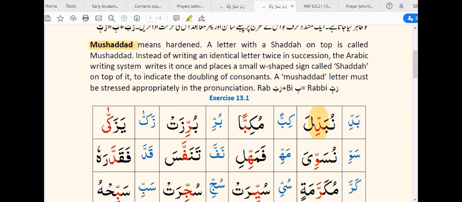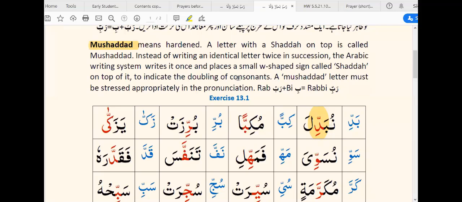Whenever a letter has a Tashdid on top of it, for example, over here we have letter dal with a Tashdid on top of it. This dal is known as a mushaddad letter. And when we have a Tashdid on top of a letter, that means that there are 2 of these letters.